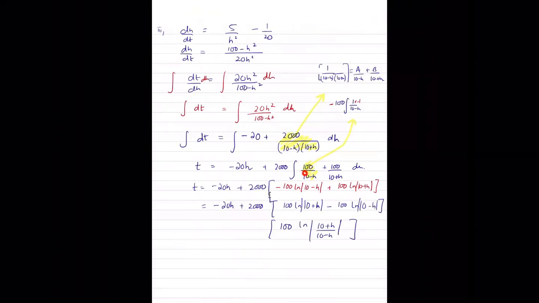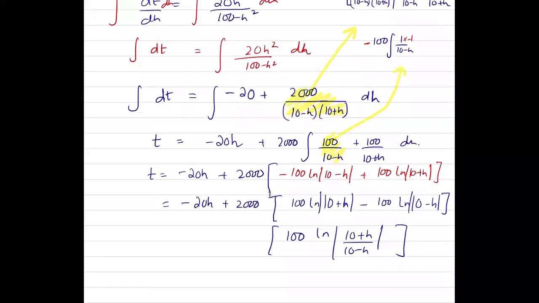When you were taking partial fractions, did you have 2000 as the numerator, or 100, or 1 as a numerator over here? 2000. So you have already used 2000, right? Yeah. Oh, then I should remove 2000 from here. Okay, then the working is right.